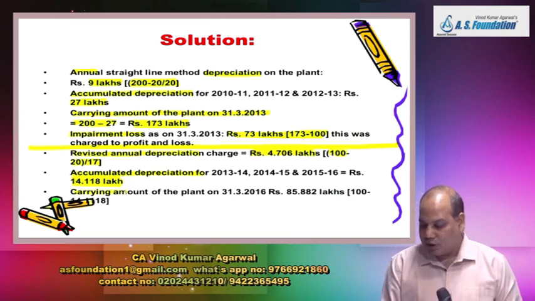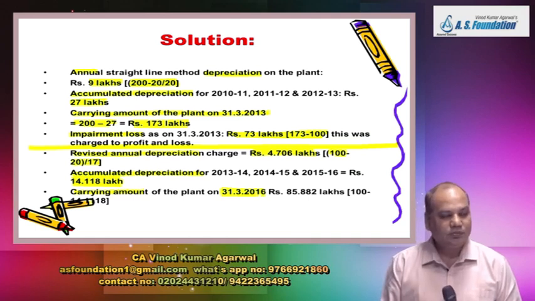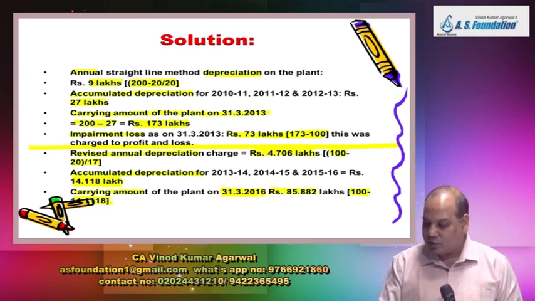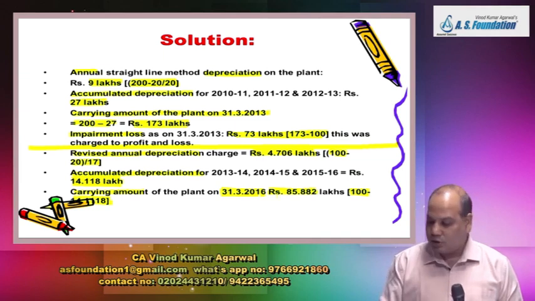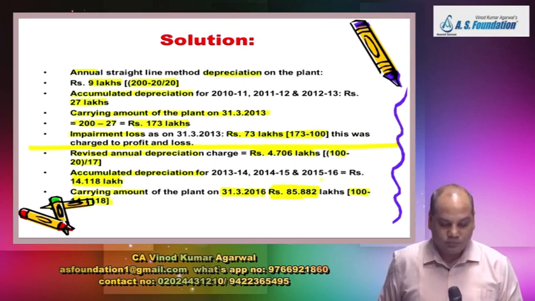Therefore, carrying amount as on 31st March 16, 100 minus 14.118 equal to 85.882 lakh. So right now my one figure I have got, 85.882 lakh.